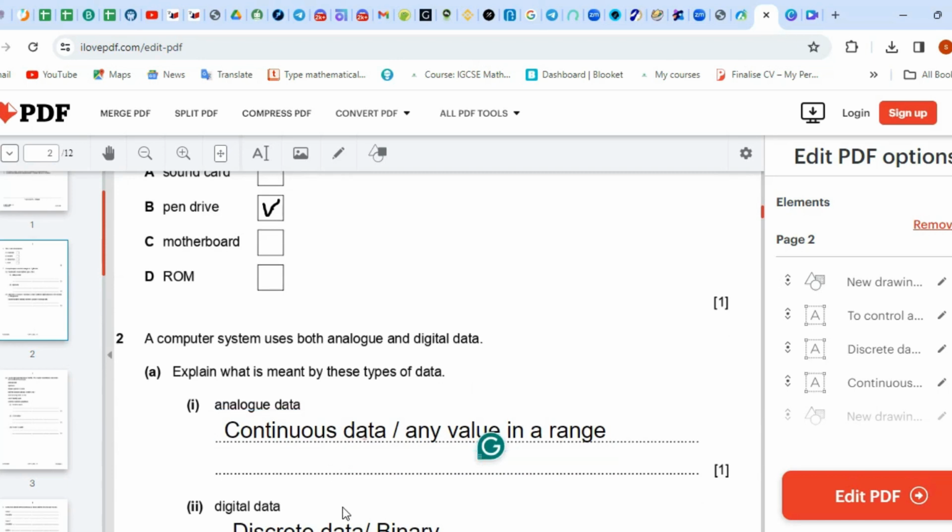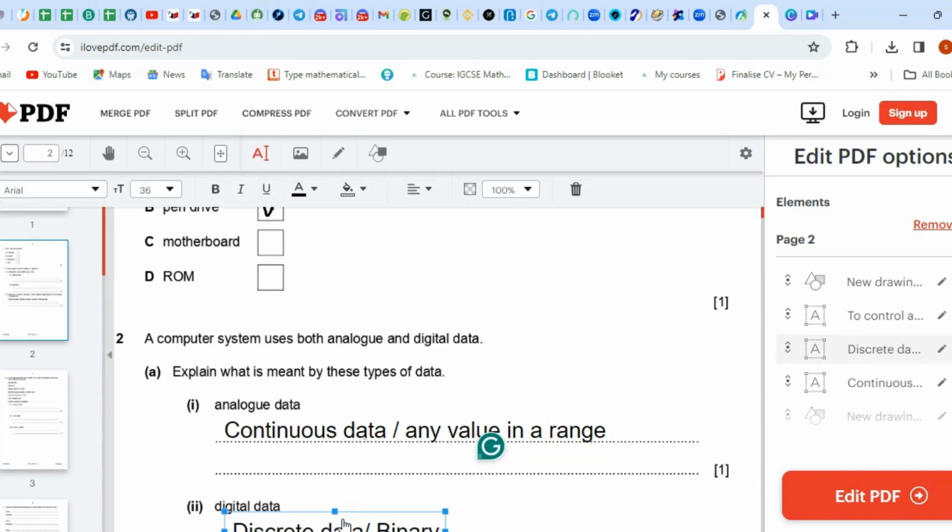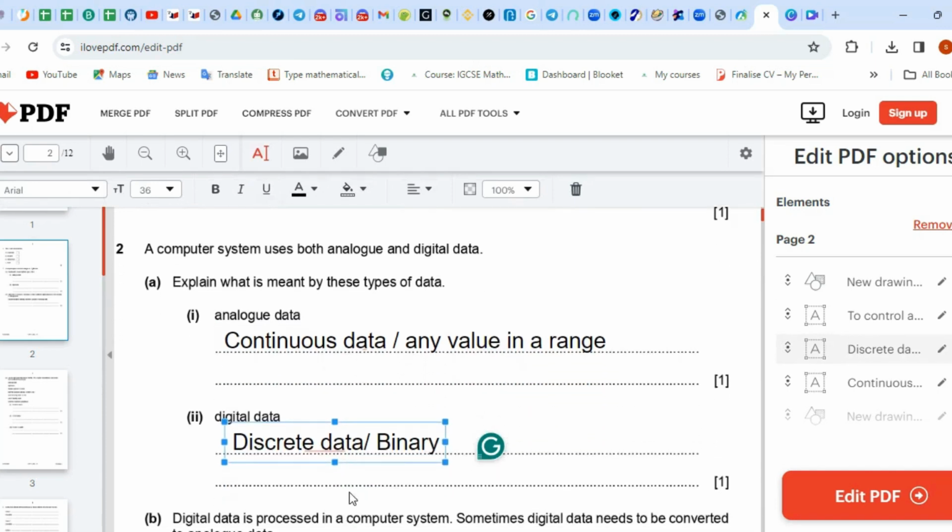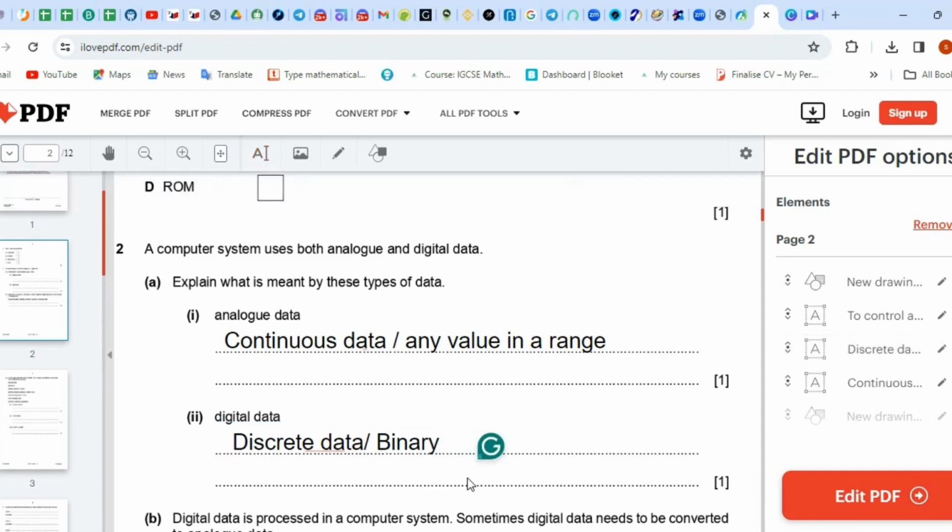Digital data is what we refer to as discrete data or binary data. You can call it digital, discrete, or binary data.